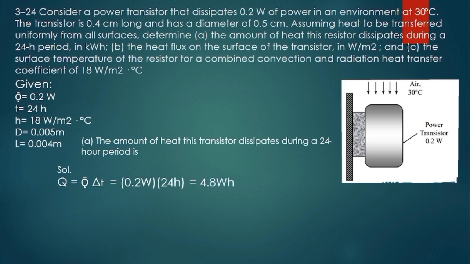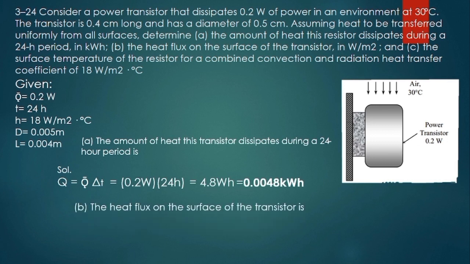So the heat this transistor dissipates is 4.8 watt-hours. Since the unit that is required is kilowatt-hours, we're going to divide it by 1000. So our final answer is 0.0048 kilowatt-hours.